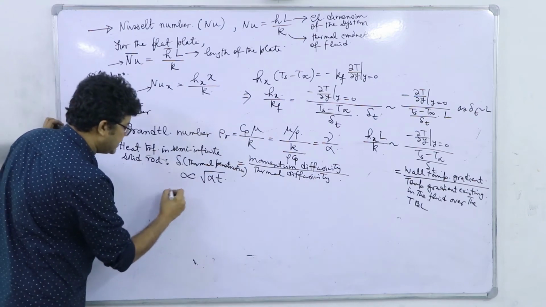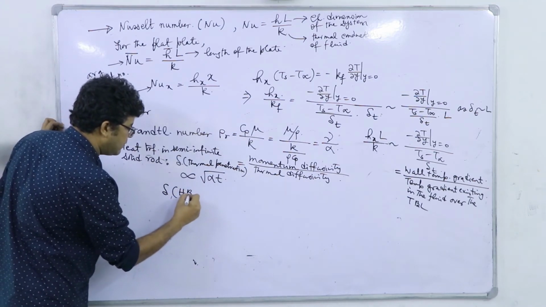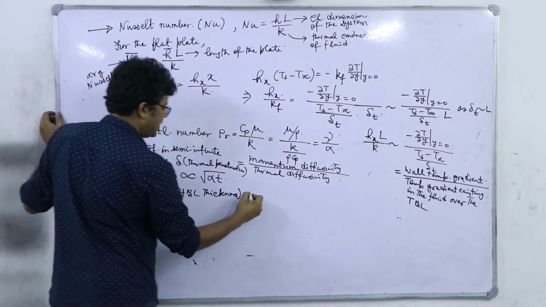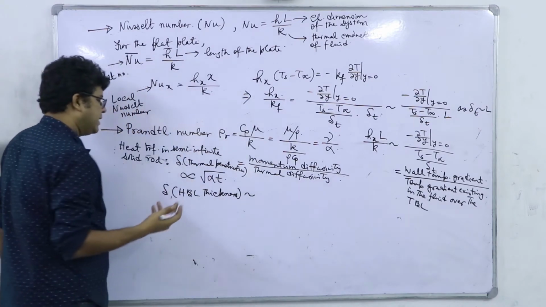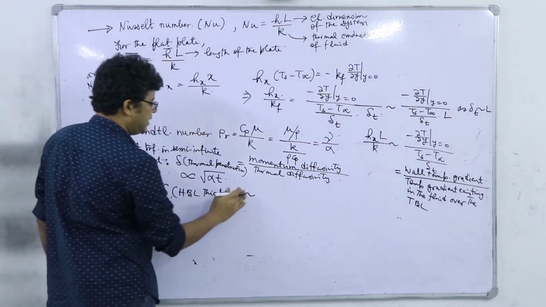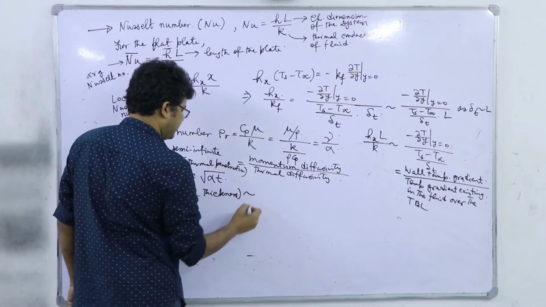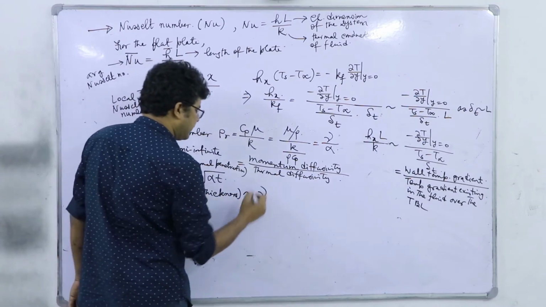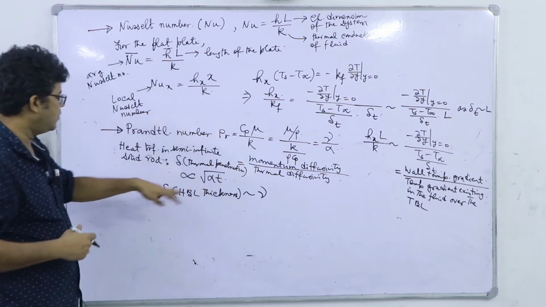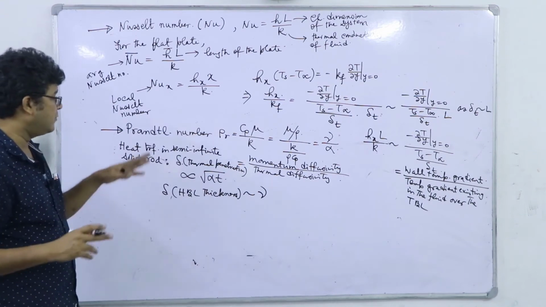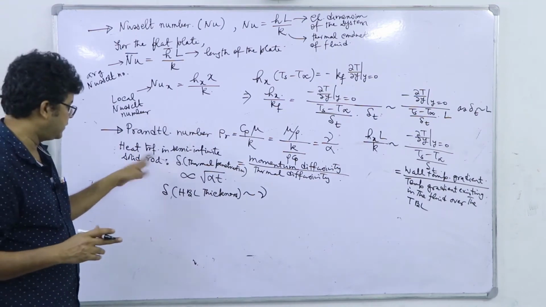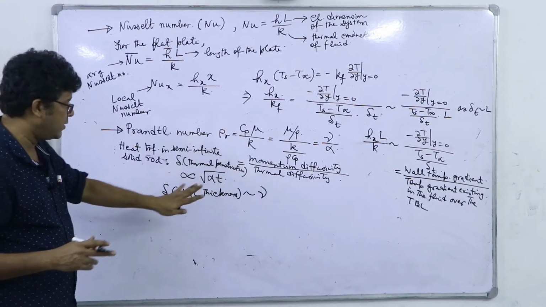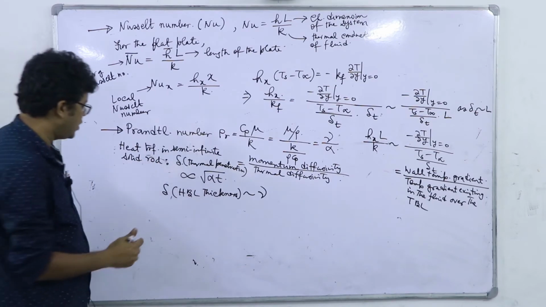So, delta, that is hydrodynamic boundary layer thickness, will be definitely in the order of, or it will increase. It is better to be written in terms of in the order of. So, it is in the order of nu, because more is the nu, higher will be this delta. Exactly I am not writing whether it is root or to the power half or 1/3, whatever, I am simply going for an order analysis.